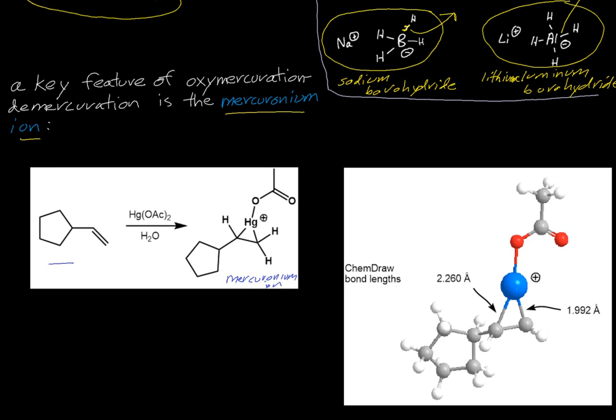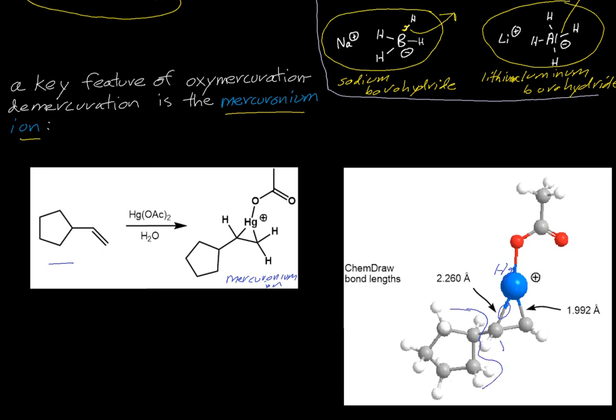If you look at this mercuronium ion on the right, redrawn, showing the atom sizes, the size of this mercury atom here causes this bond right here to stretch on the side where there's a larger carbon substituent.